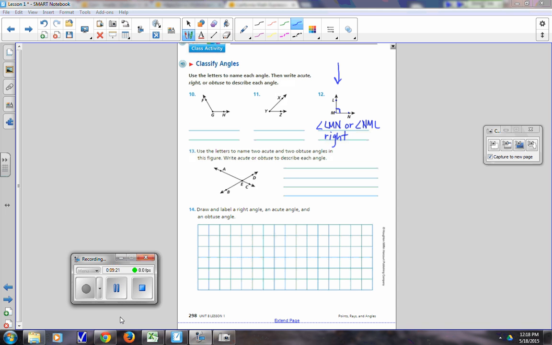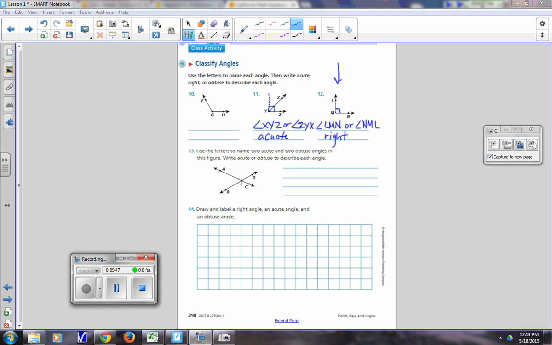The same goes with number 11. I would say angle XYZ or angle ZYX. Oops, sorry. ZYX. That vertex is in the middle. If you can just kind of visualize that this is 90 degrees, this angle is acute.